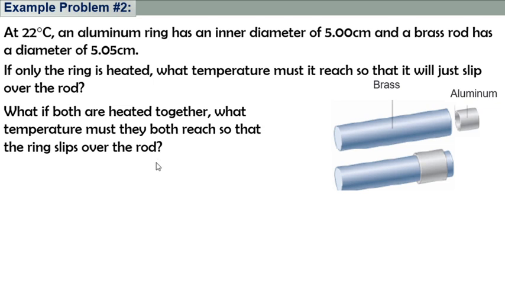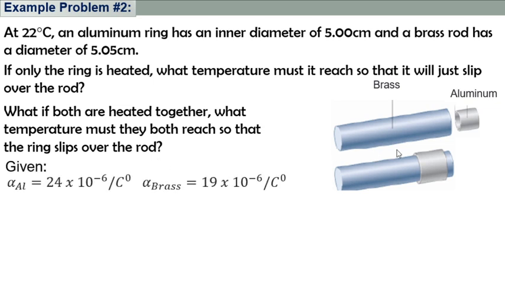So let us analyze the given. We are given two materials, one made of aluminum and the other brass. That's why the coefficients of linear expansion for aluminum and brass are also given. We are also given that both are at an initial temperature of 22 degrees Celsius.